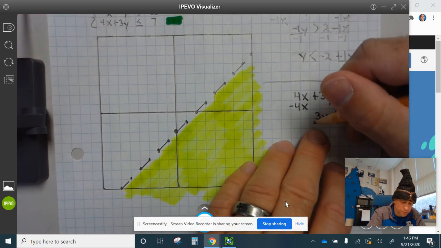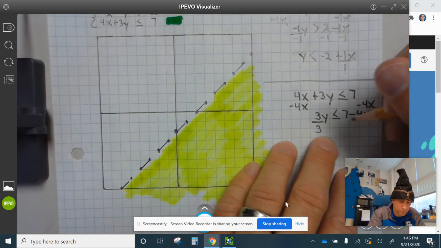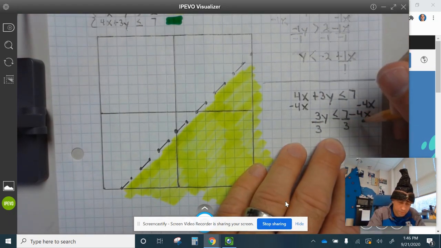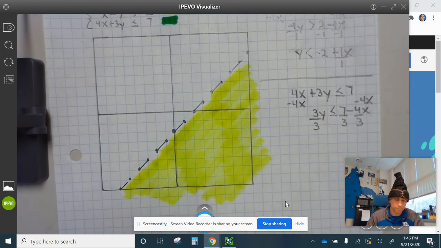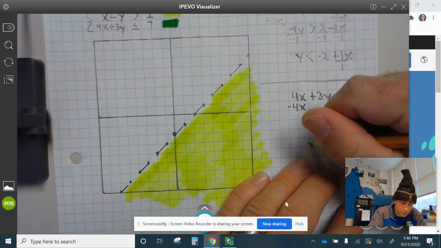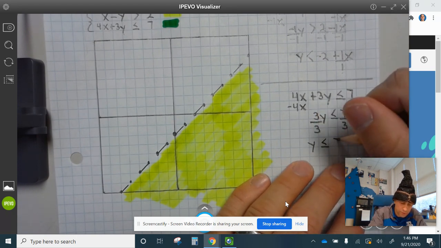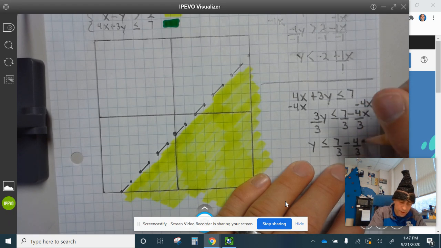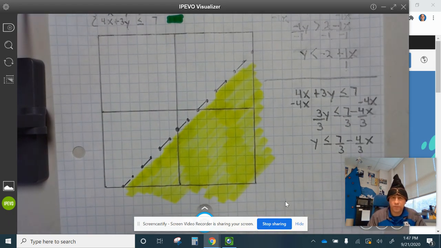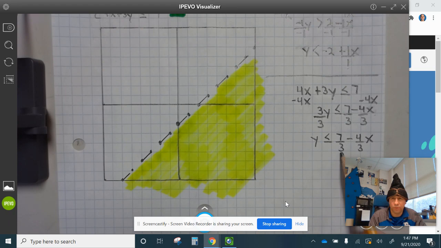Okay, we're going to divide both sides by 3. So then that's y less than or equal to 7/3 minus 4/3 x.